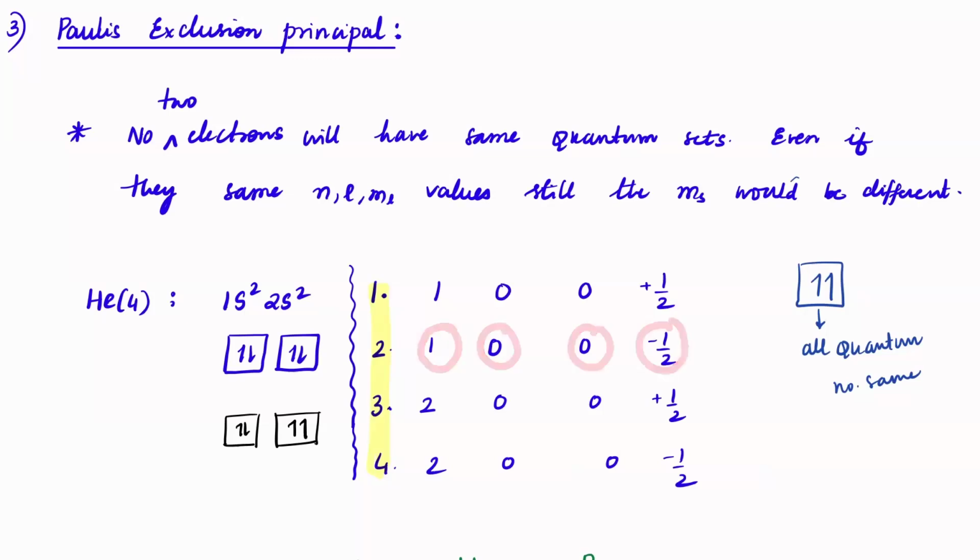The third electron has 2, 0, 0, plus half. The fourth electron has 2, 0, 0, minus half. So these are the four electrons present in helium. Notice carefully, none of these complete sets is the same for any other electron.